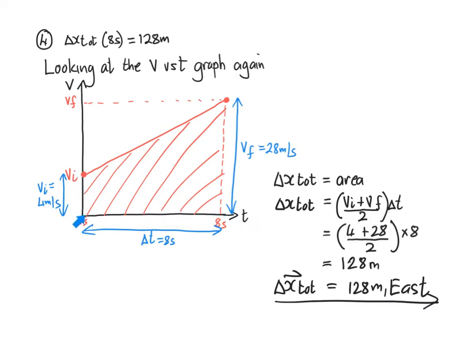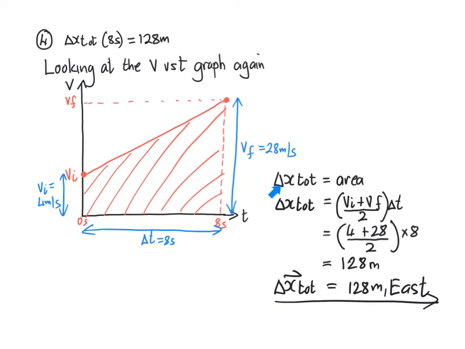Initially, Vi, the initial velocity, was 4 meters per second. At 8 seconds, it was 28 meters per second, because the final velocity, Vf, was 28 meters per second. The acceleration is uniform, in other words the gradient is uniform, so the graph is a straight line, and that's because straight lines have a consistent gradient.